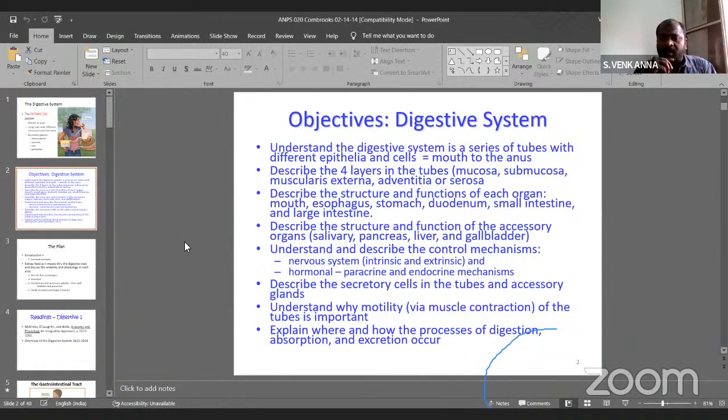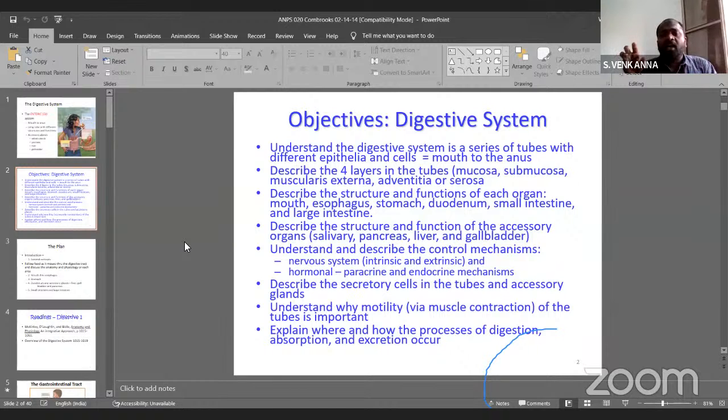The next objective is to understand and describe the control mechanisms: the nervous system and hormonal, pancreas and endocrine mechanisms. Two types of muscles help the digestive system: involuntary muscles and voluntary muscles. Involuntary muscles are uncontrolled by the nerves.